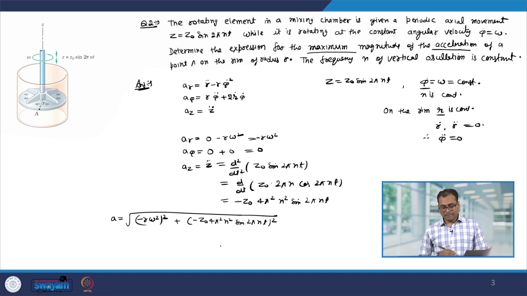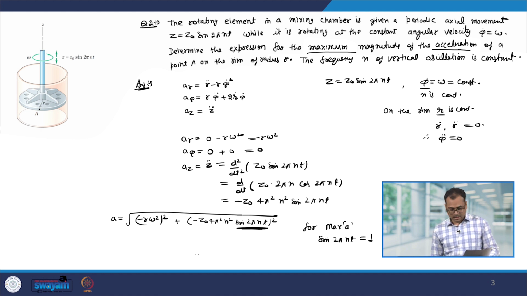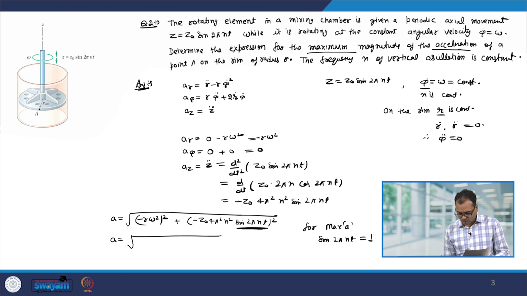The maximum acceleration will happen when sine is equal to 1, because that is the maximum value of a sine function. So, for maximum A, sin 2 pi n t has to be 1. Let us put that. So, we get A equal to square root of r square omega to the power 4 plus 16 pi square n to the power 4 z naught square.